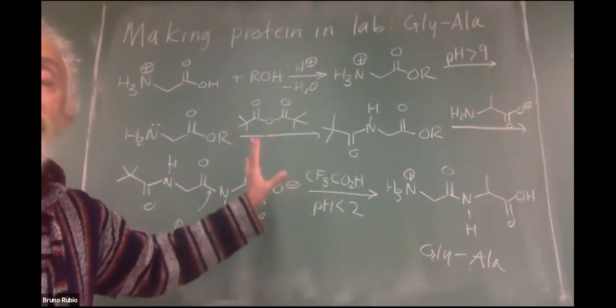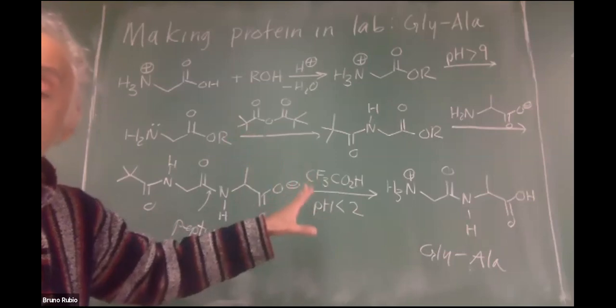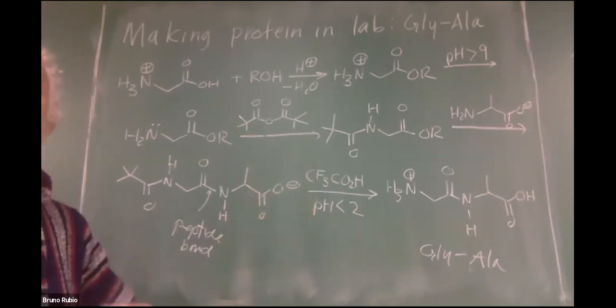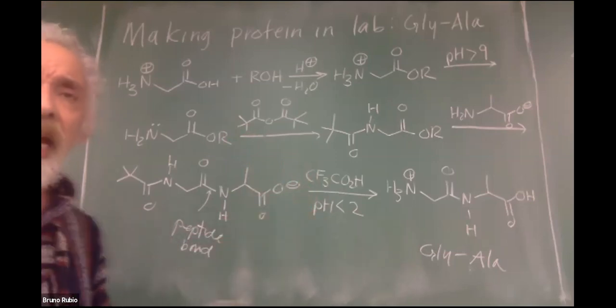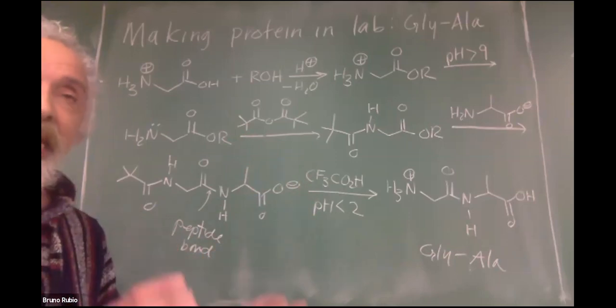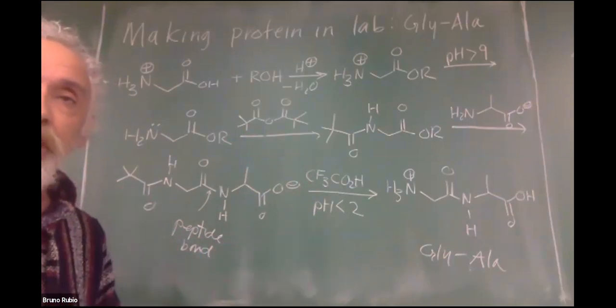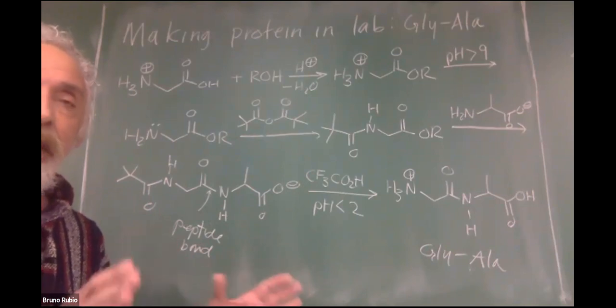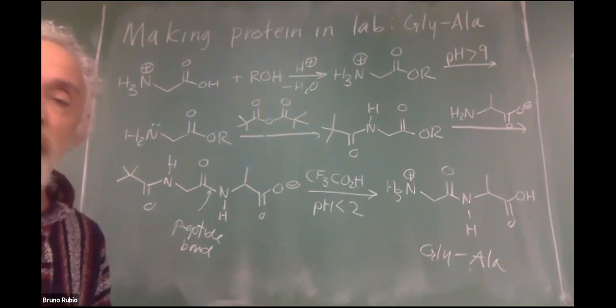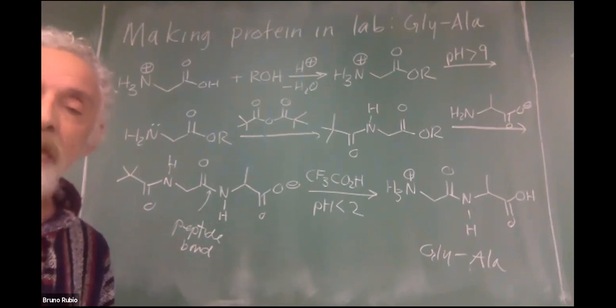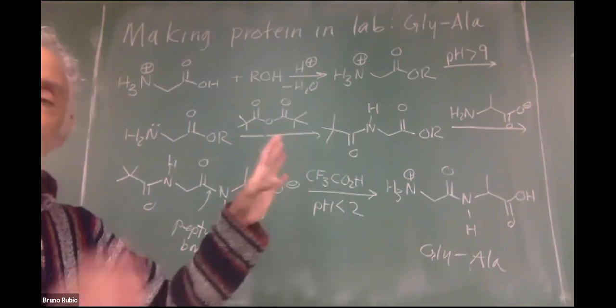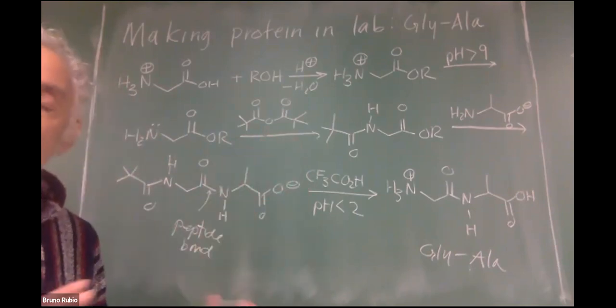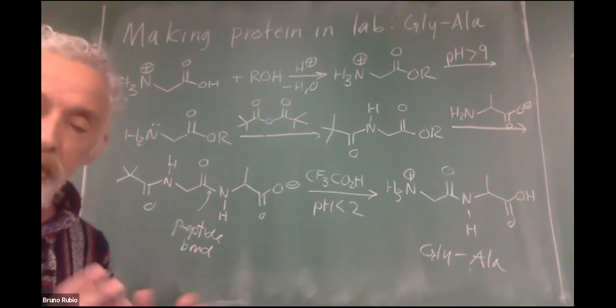This procedure is now totally automated, right? You buy the machine. The protein synthesizer costs about $250,000. And you fill up a bunch of reservoirs with all of the amino acids that you want to string together.